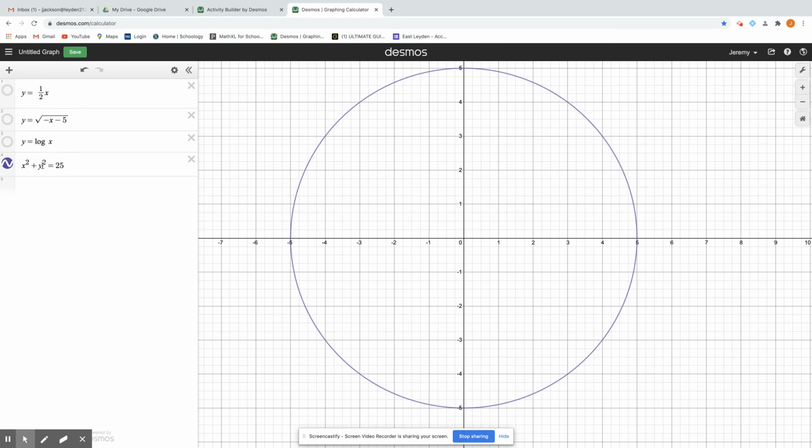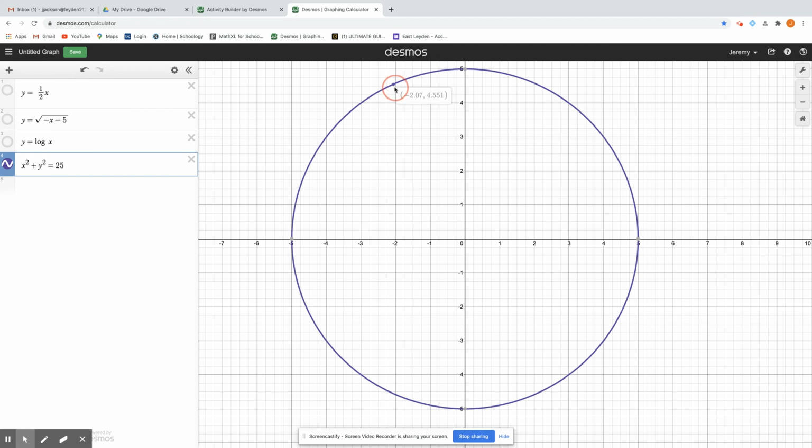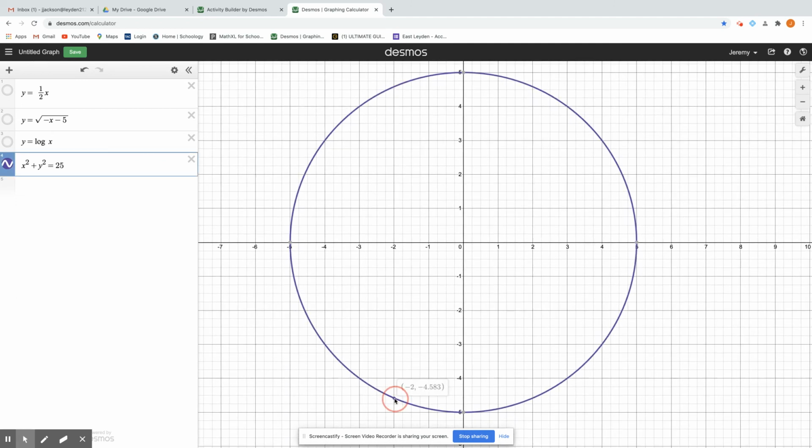What do you notice about it? Okay, it's a circle, right? Because it's a circle, if I want to draw a vertical line in here, then that vertical line is going to hit in two places, right? If I draw a vertical line right through here, I would be hitting this graph down here and here at the same time.